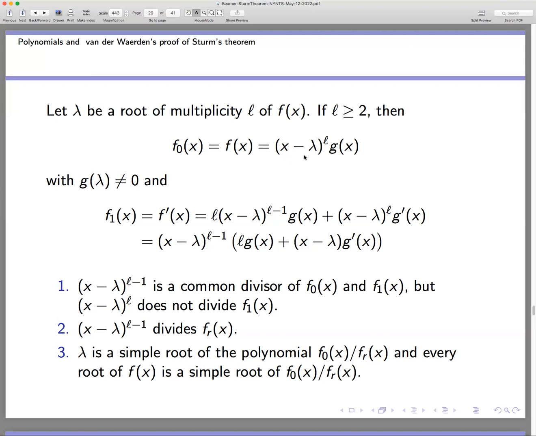So I'm going to end up with something which is divisible by (x minus lambda) to the first, but not to the second power. So lambda will be a simple root of f naught over f sub r. f sub r is the greatest common divisor. It will divide every polynomial in that sequence of remainders, what I call the Sturm sequence.